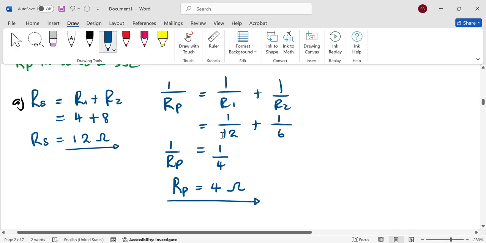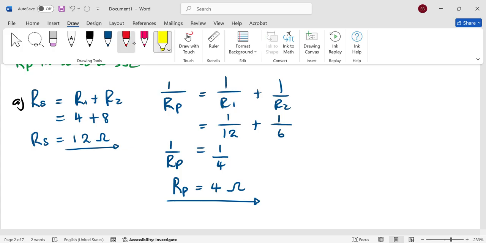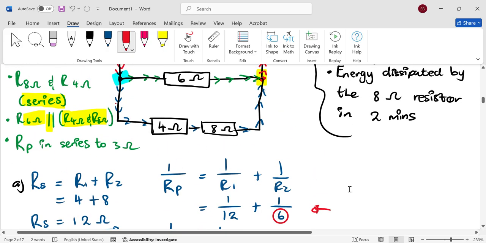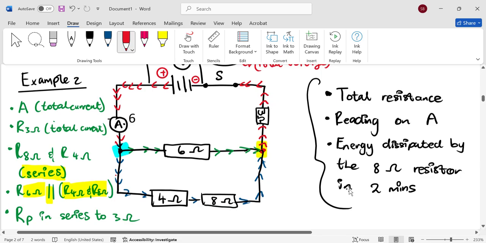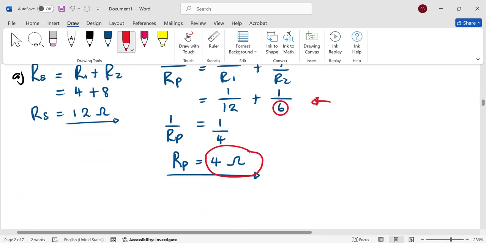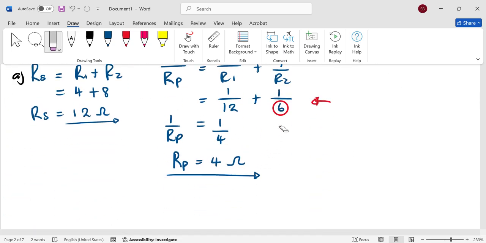Right. Now notice something. This right here is 4 ohms, right? When you did your calculations in this part, which number was the lowest? Aha, 6, right? And remember, I had said that to check that your total resistance in parallel is correct, the total resistance in parallel must be less than the lowest resistance.